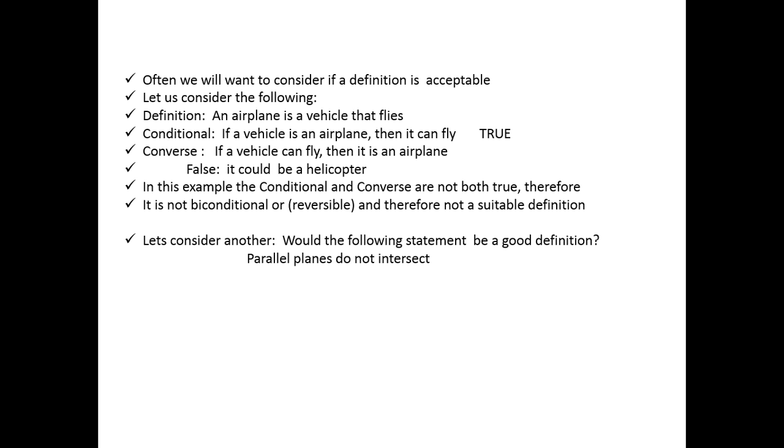Let's consider another: is this a good definition? Parallel planes do not intersect. To consider it as a proper definition, you want to write it as a conditional and check its validity. If two planes are parallel, then they do not intersect. This is true.